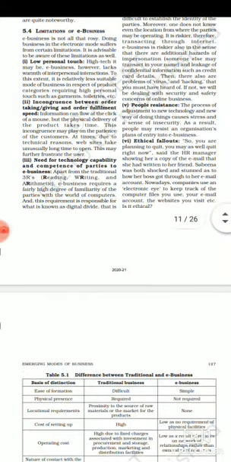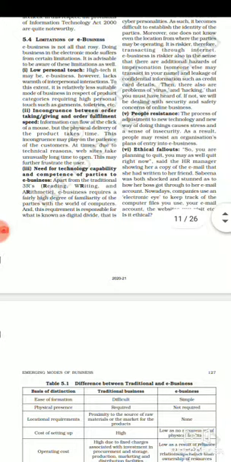Now next is people resistance. The process of adjustment to new technology and new ways of doing things causes stress and a sense of insecurity. As a result, people may resist an organization's plan of entry into e-business. People resistance basically says that it's a human tendency that we don't accept changes very readily, right?